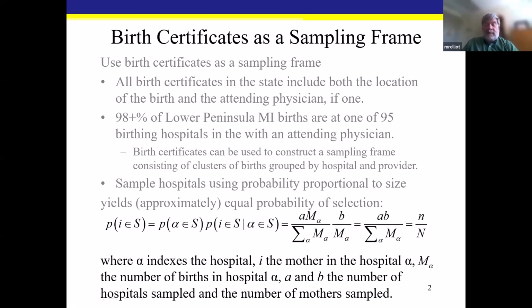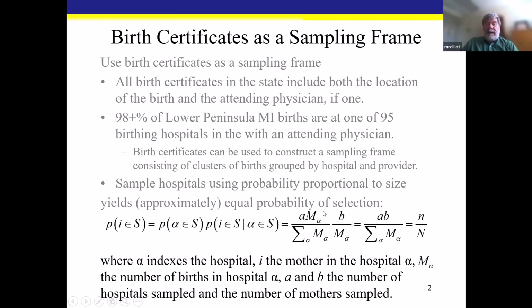So coolly, we get a little cancellation between the M sub alpha in the numerator and the M sub alpha in the denominator. And so we're left with something that doesn't involve anything other than a constant. Basically, A times B. That's the total number of births that are going to be sampled: A hospitals, B births, sampling a constant number of births in each hospital, divided by the total number of births, which we're going to call capital N.